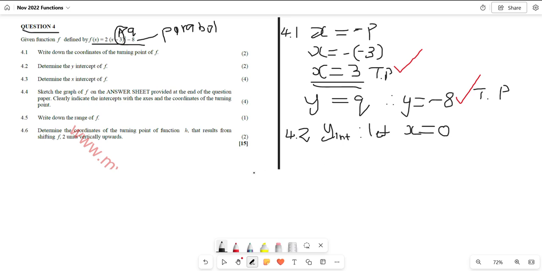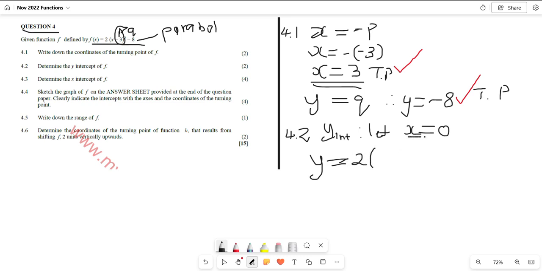Remember what I said from our previous lesson, that if you are looking for the y-intercept, in place of f of x you can write y, because f of x and y are exactly the same to each other. Then I'm going to write this equation of f of x, but in place of f of x, I'm going to write the y there.